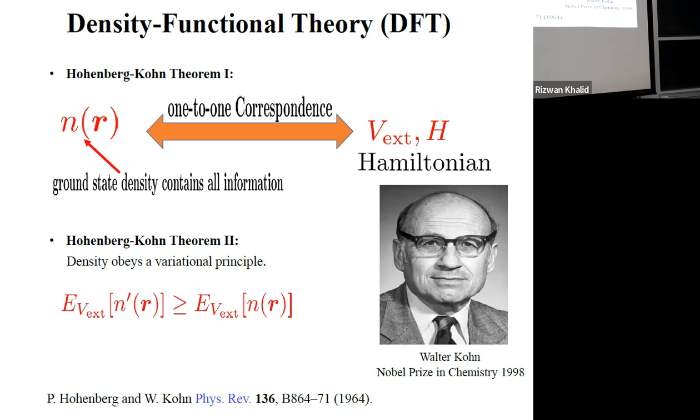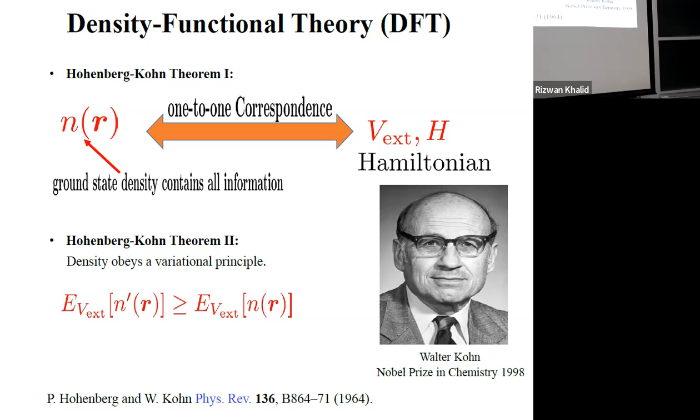So like in wave function theory, wave function, which is a function of 6n variables, is the basic quantity which contains all the information. In density functional theory, we have a function of 3 variables, so quite easy to handle, say in numerical sense, and storage as well. This variable contains all the information about the system.